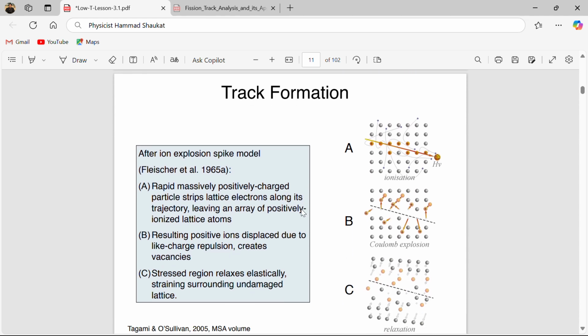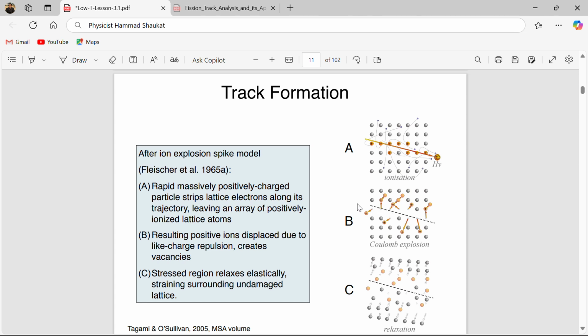As we're discussing track formation, after this we are going to discuss the ion explosion spike model. We already told you that once an atom comes in, it disturbs the lattices and forms a track. Once the track is formed, the electrons move to a higher band, a higher energy level, leaving behind holes.